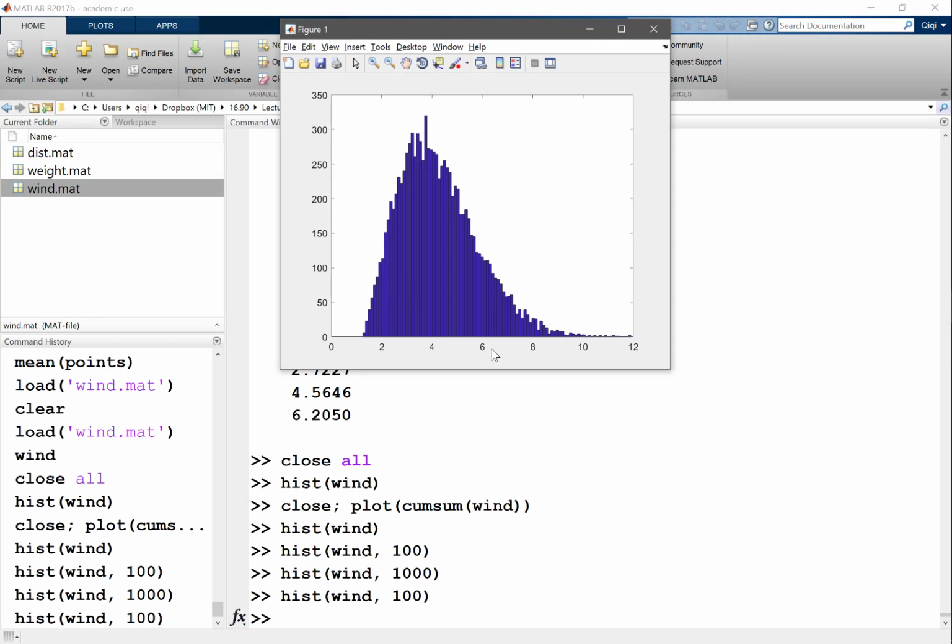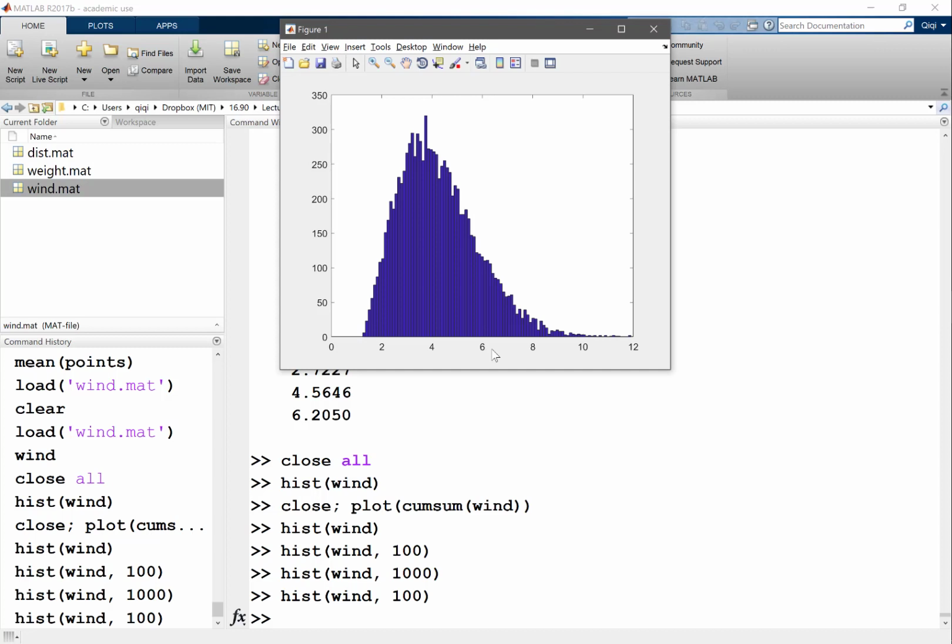So the height of the histogram doesn't only depend on how many samples there are, it also depends on what? The bin size, right? So in order for us to go to not only infinitely many samples, but also infinitely many bins, we also have to normalize by the width of the bins.